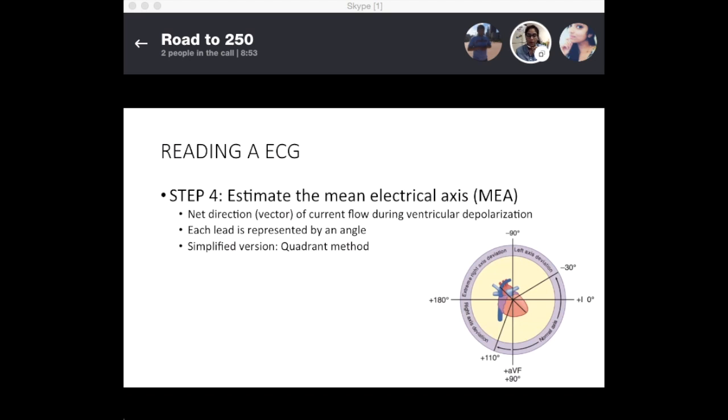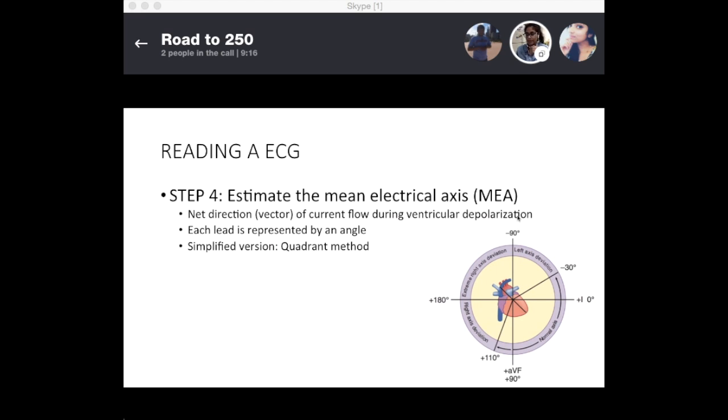Okay, guys, so step 4 is estimating the mean electrical axis. The mean electrical axis indicates the net direction of current flow during ventricular depolarization. Each lead can be represented by an angle, and that's represented in this picture here on the bottom right.